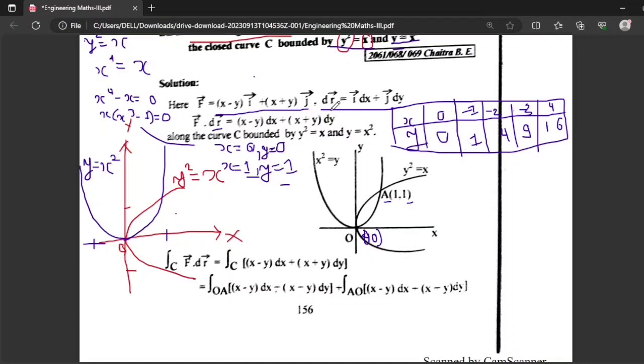Taking the dot product of these two, we get x minus y dx plus x plus y dy along the closed curve bounded by y square equals x, which is this, and y equals x square, which is this blue, bounded by these two parabolas. So first we go from O to A and then return from A to O.